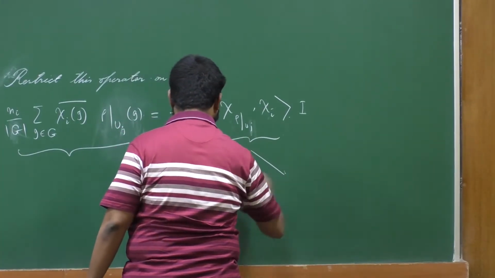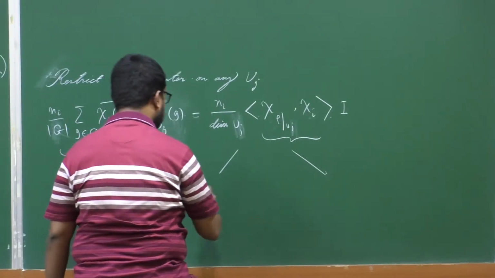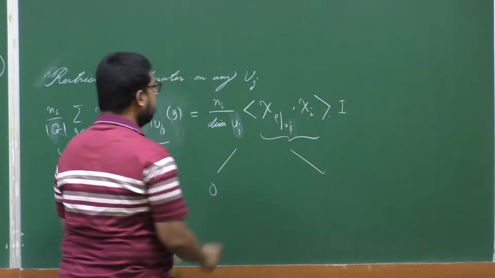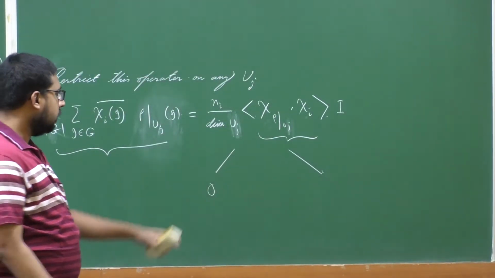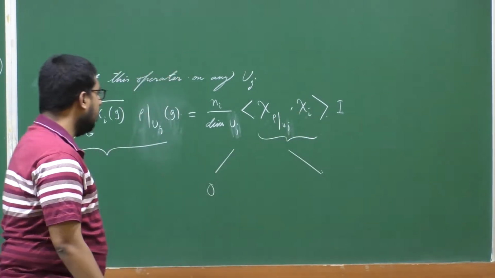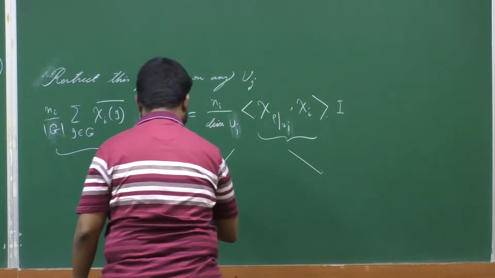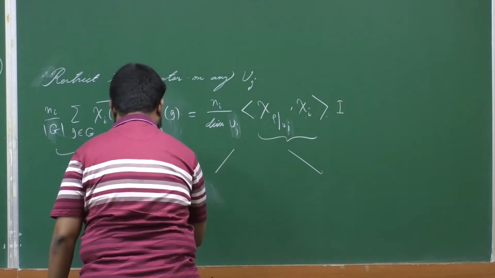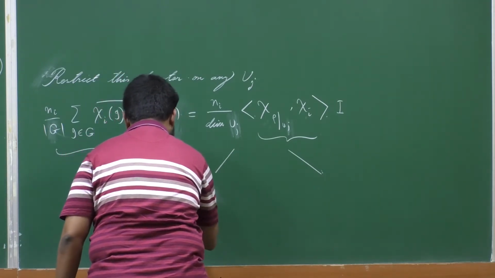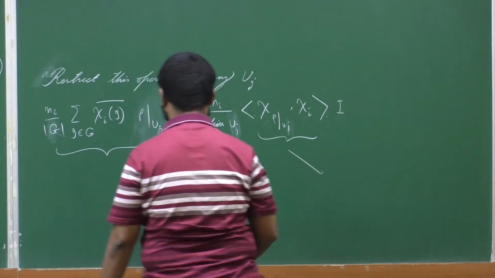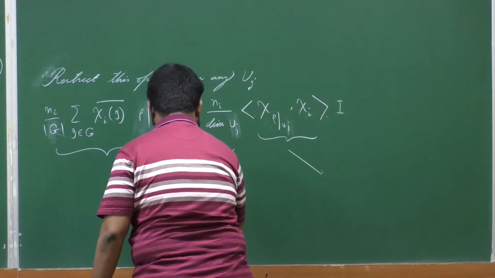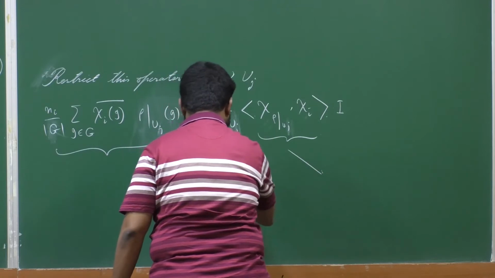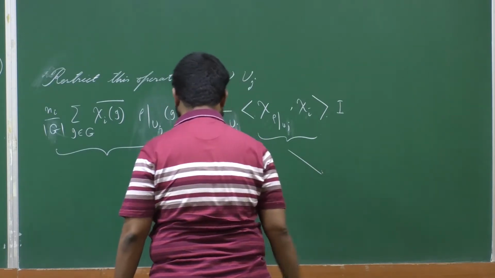In one case it could be 0, that is when this character is not equal to chi_i. Put in clear terms, if rho_{U_j} is not isomorphic to rho_i, then this is going to be 0.